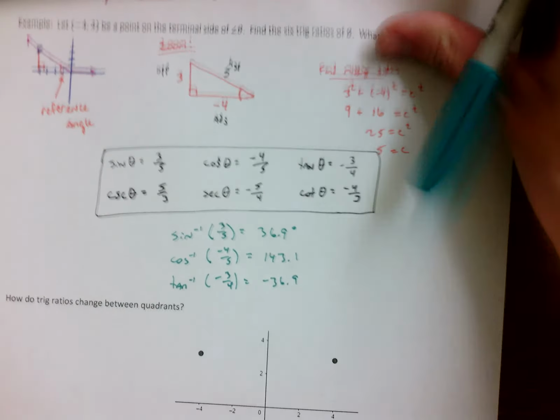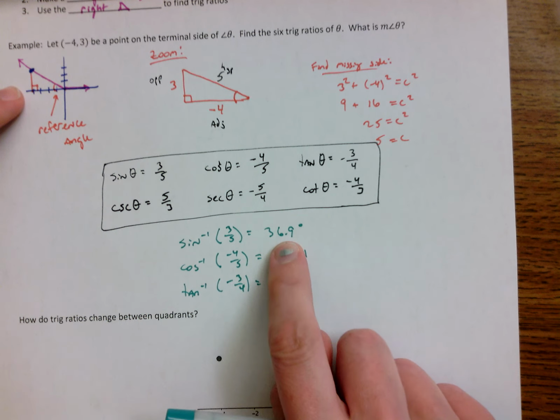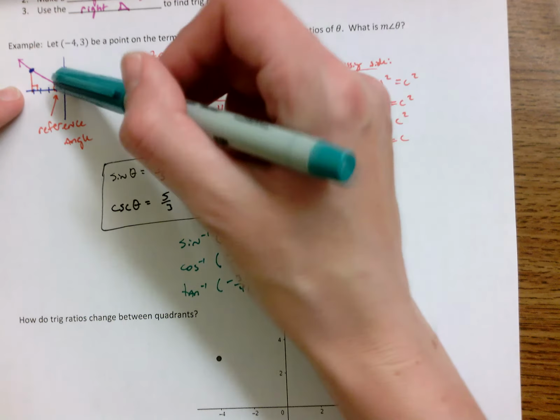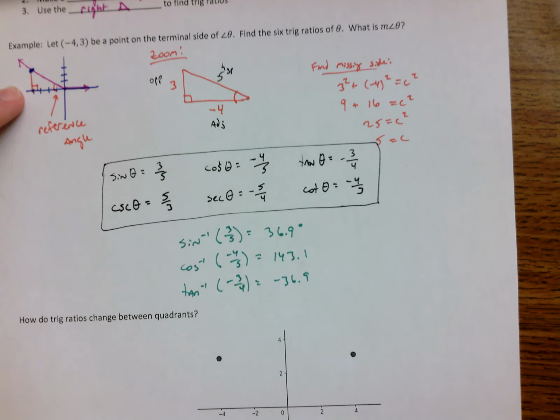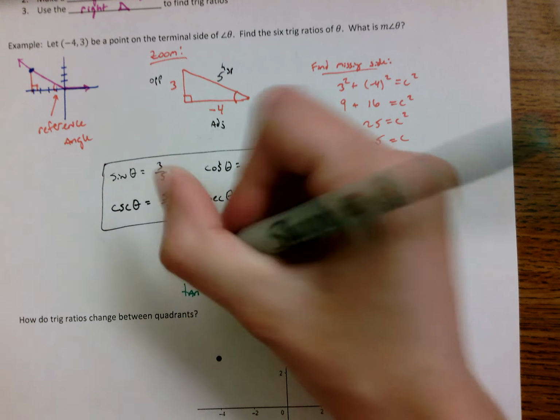We've got 3 different answers here. Well, that's okay. We can figure this out because look at what our picture looks like. Is this going to be a 36-degree angle? No, obviously not. A 36-degree angle would be over here. It's going to be a 143-degree angle. You can tell just by looking at it. It's more than 90, but less than 180. So I know that this guy in the middle is going to be the answer.